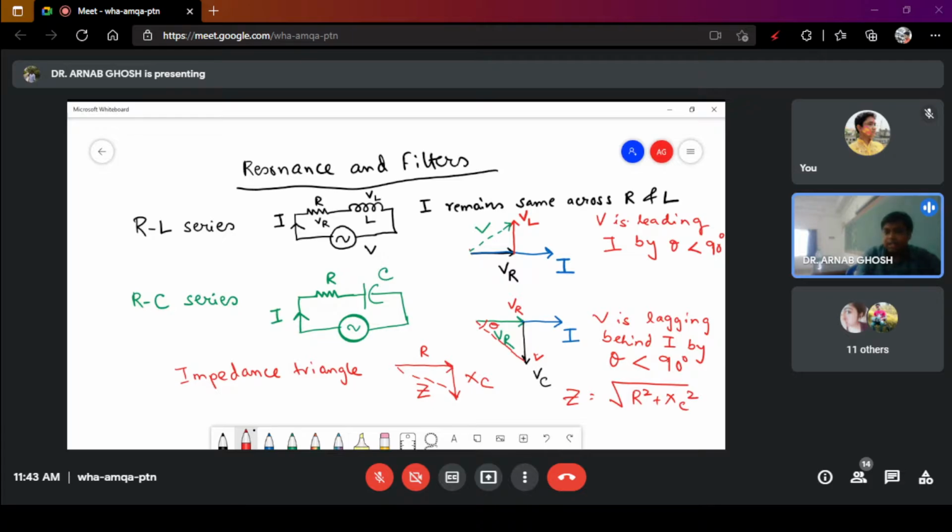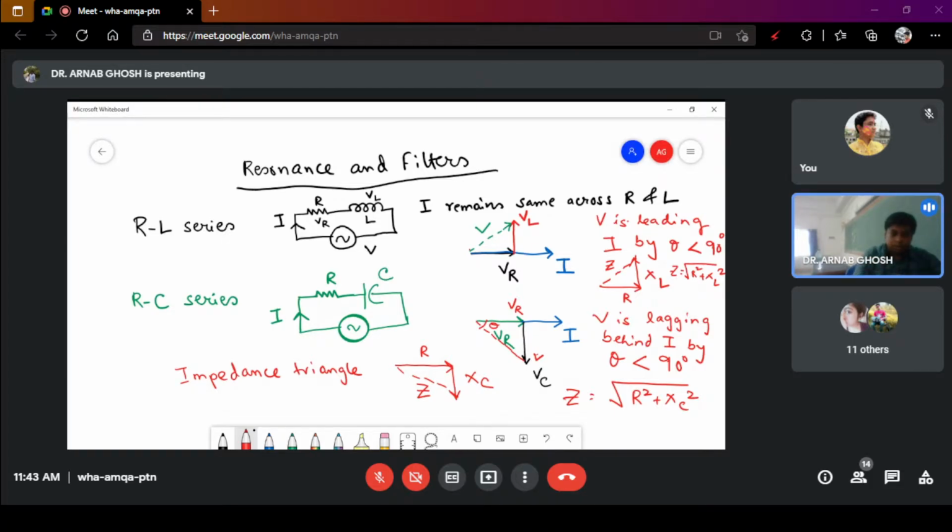Similarly, for the inductive case, this will be R, this will be XL, and this is Z. So Z will be equal to root over R square plus XL square. These are the two things that form the basis for what we are going to do next, that is the RLC series circuit.